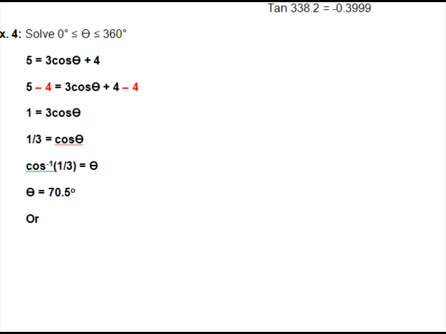The tricky part is getting my second angle here. And I'd like some superstar, since we're using cosine, to tell me what the second angle is going to be. So if the first angle is 70.5, the second angle is going to be what? That second superstar is going to be Marissa. Cosine means 360 minus. Very good.